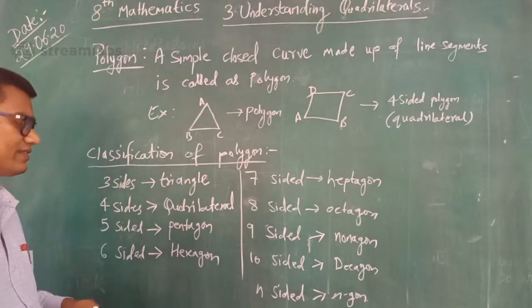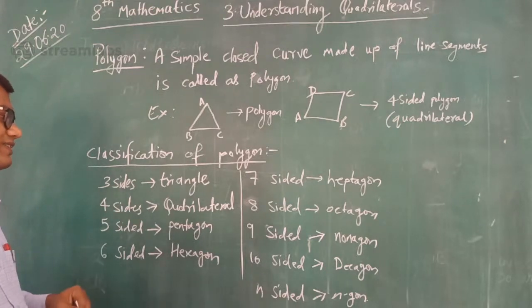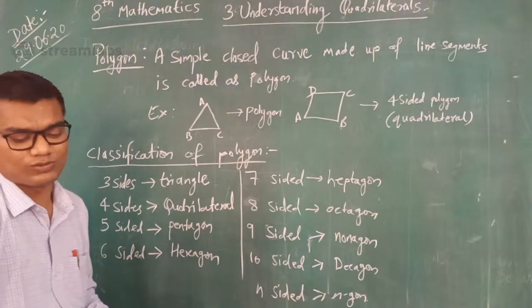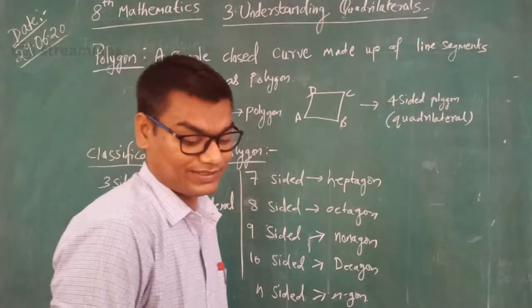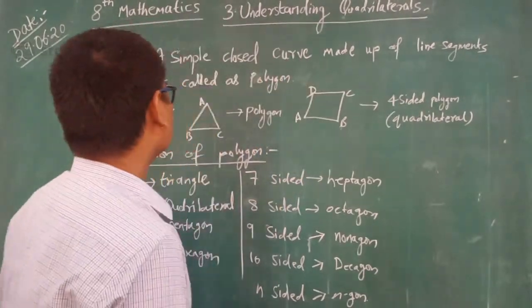Now diagonals. When we have vertices, we have diagonals also. So what is a diagonal?